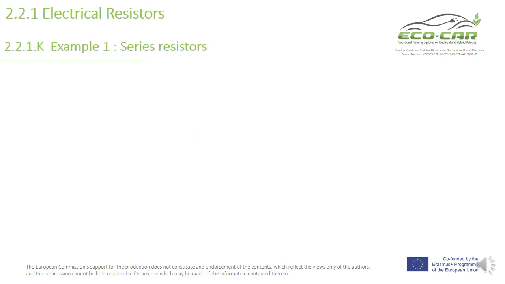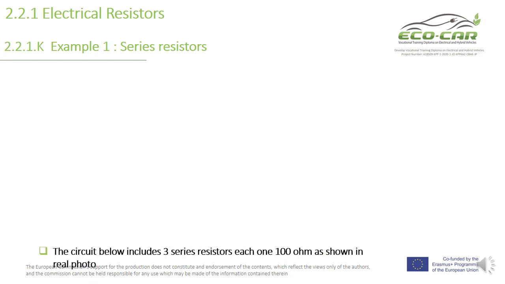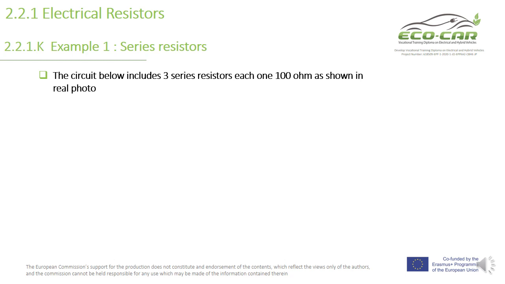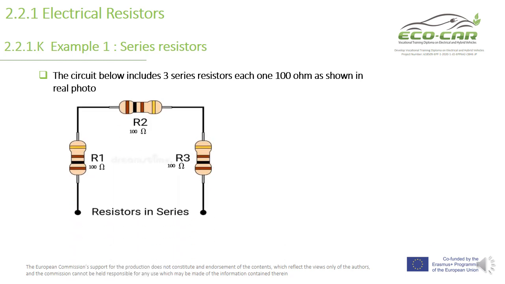Now let's take an example of series resistors. The circuit below includes three series resistors, each one 100 ohms, as you see here. This one, and this one.